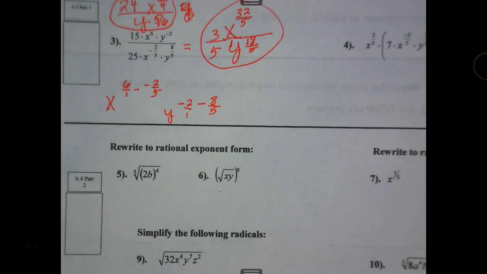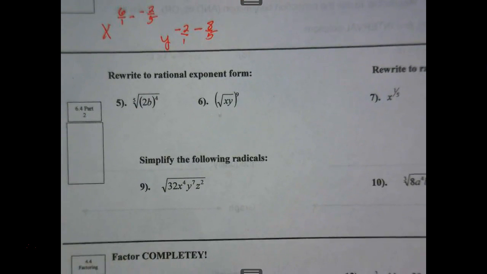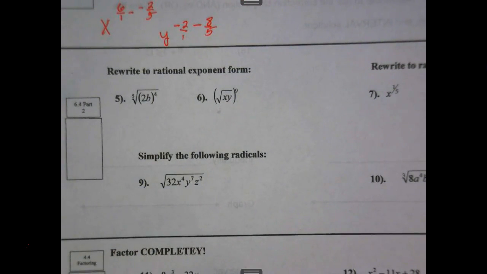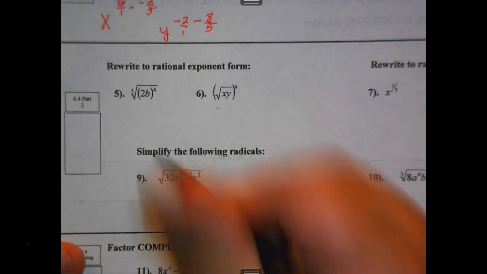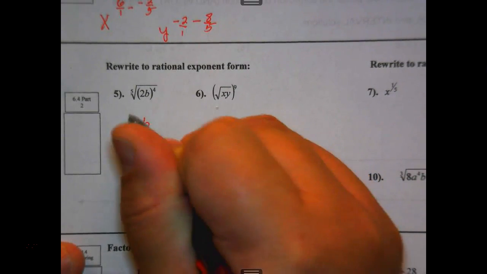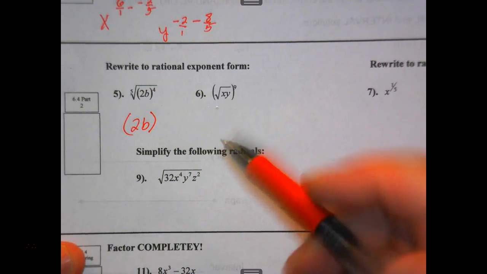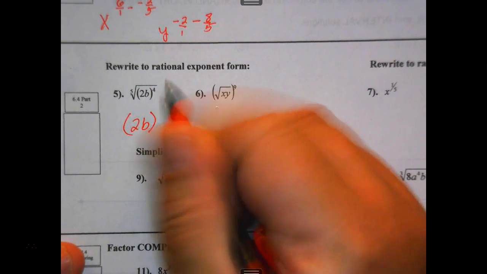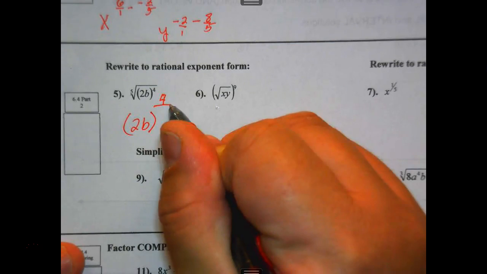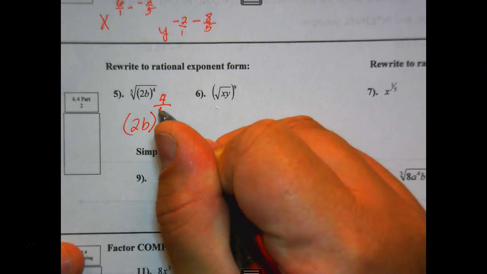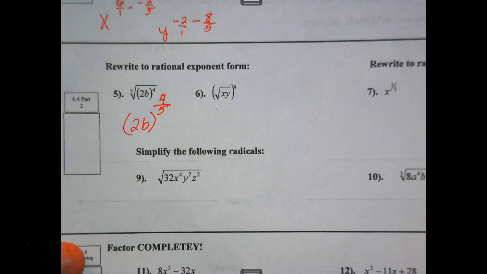All right, let's do 6.4 part 2. I think these are new problems. Okay, 2b in parentheses. 2b, let's see, exponent is my numerator and root is the denominator. Question?